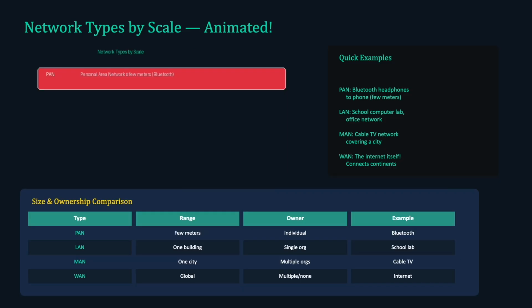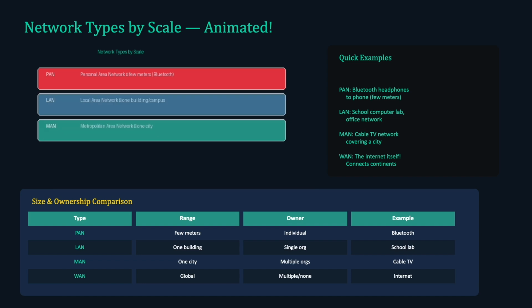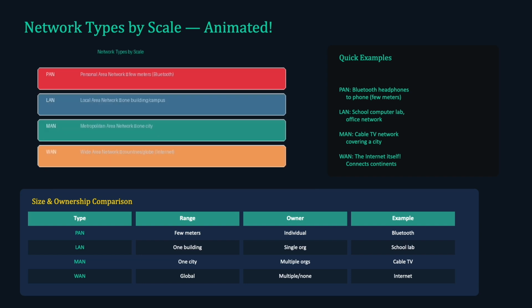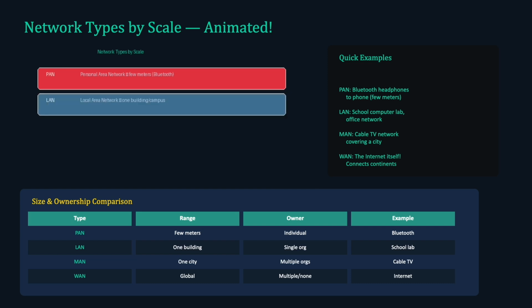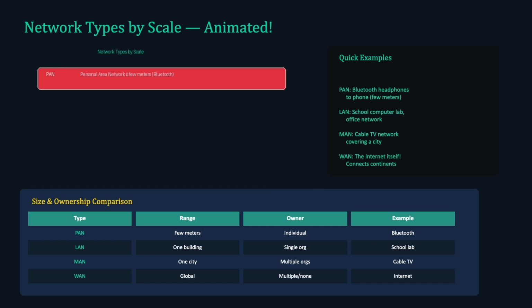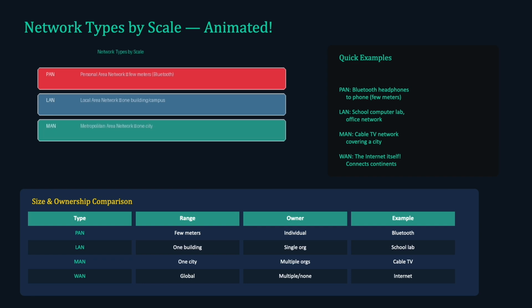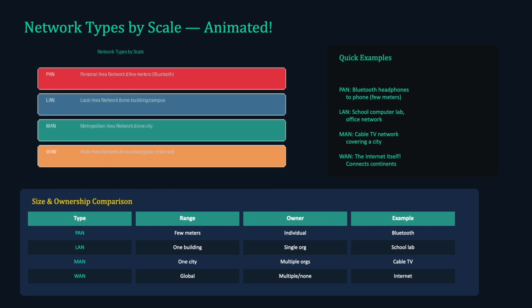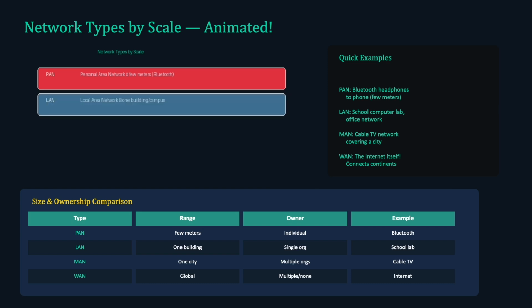Watch the four network types appear. PAN, Personal Area Network, covers just a few meters, like Bluetooth connecting your headphone to your phone. Local Area Network, LAN, covers one building or campus, like a school computer lab.